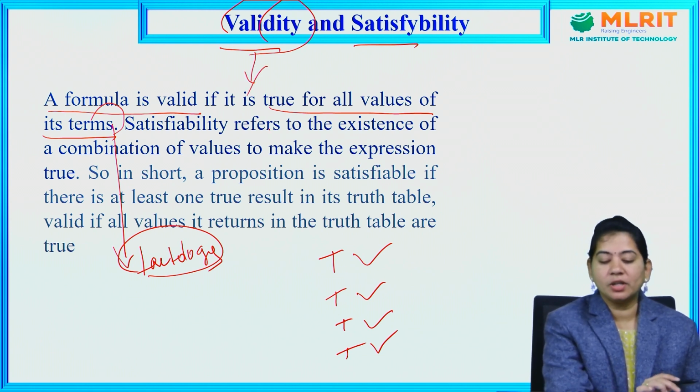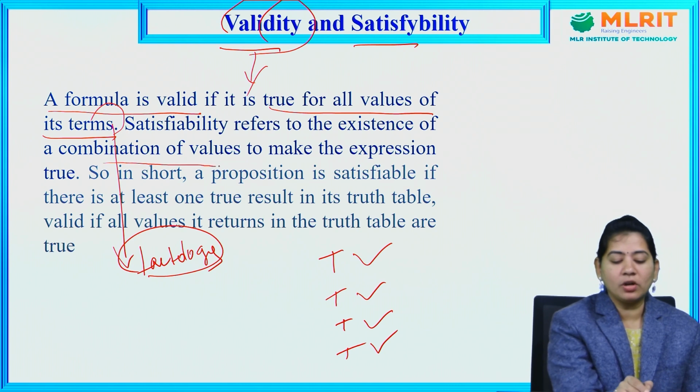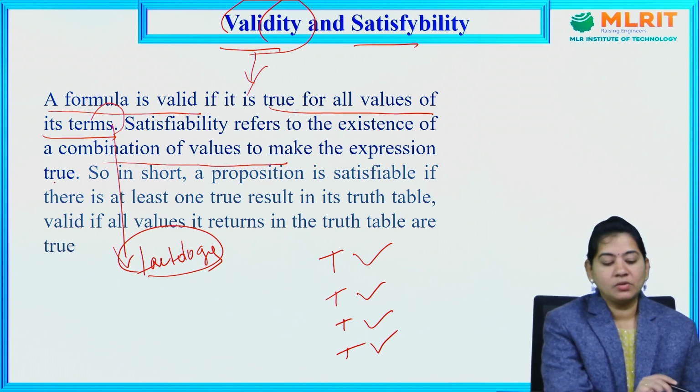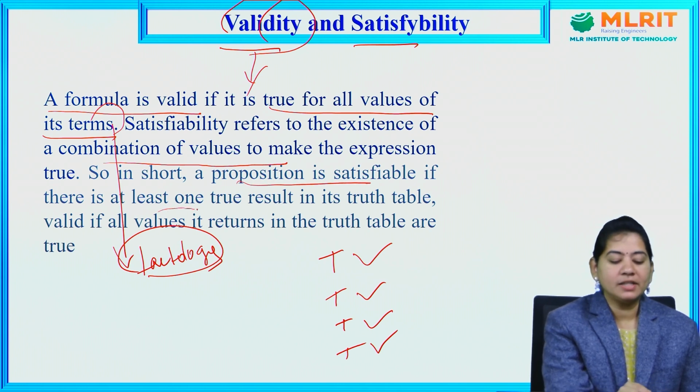Satisfiability refers to the existence of a combination of values to make the expression true. So in short, we can write a proposition is satisfiable if there is at least one true result in its truth table. It is valid if all the values it returns in the truth table are true.